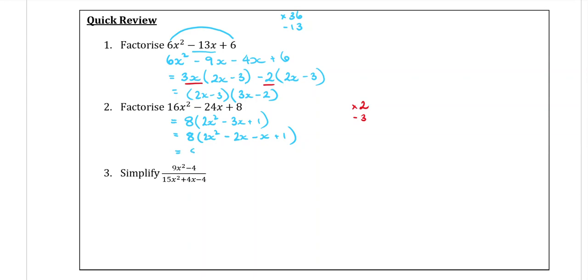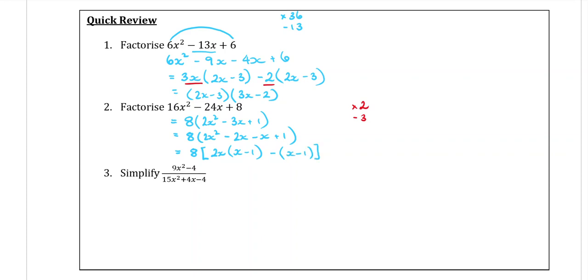Now, because I've already got a bracket there, I'm going to change it into a square bracket so that I can factorise the middle part in its pairs. So the first and second term, I can bring a 2x out, which will leave x minus 1. In the third and fourth term, I'm going to factorise the minus out, which will give x minus 1.